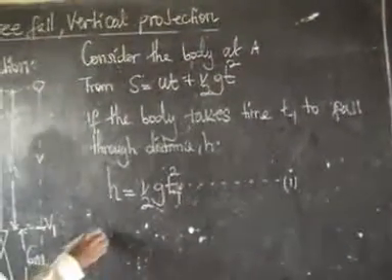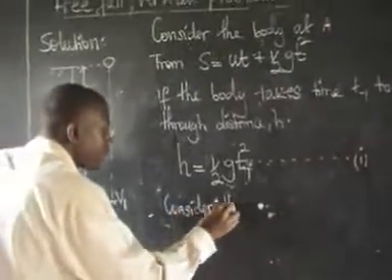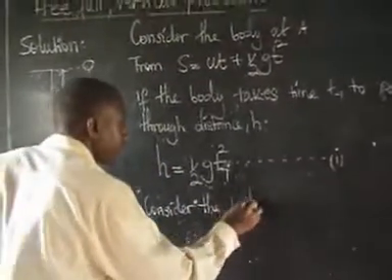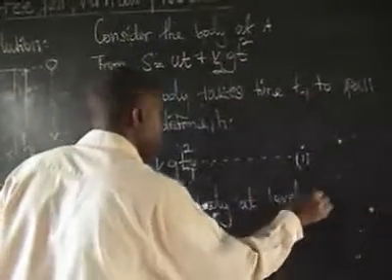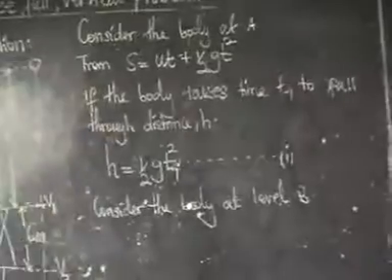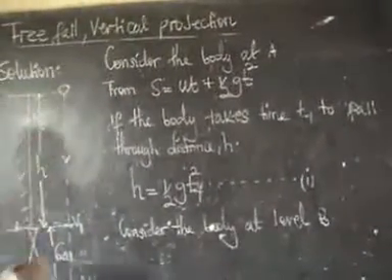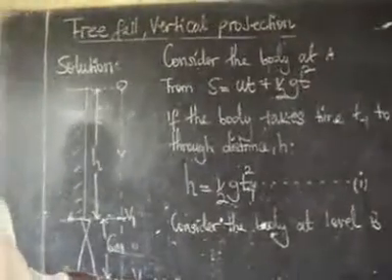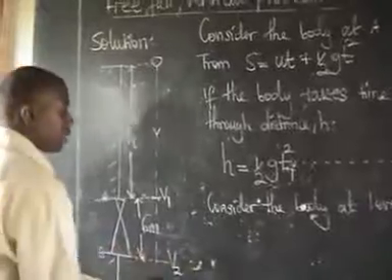So consider the body at level B. Again, exploiting the same equation, the height through which it will have dropped is going to be equal to h plus 6.